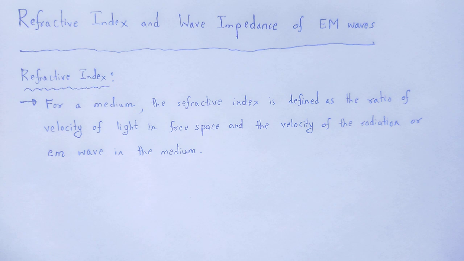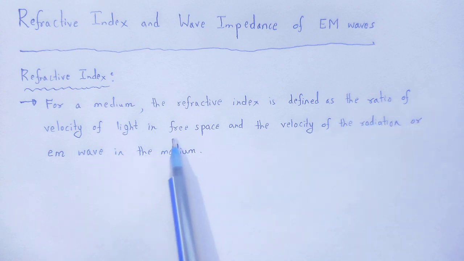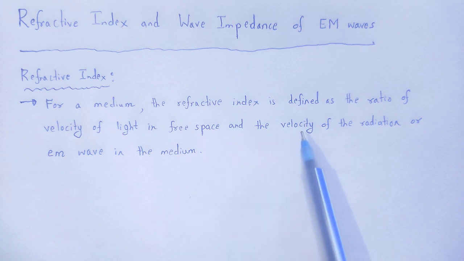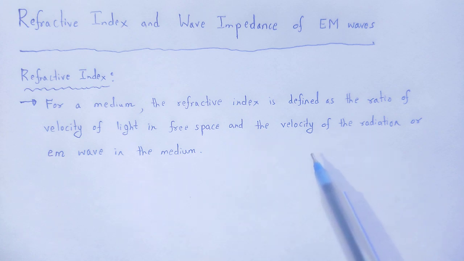Definition of refractive index. For a medium, the refractive index is defined as the ratio of velocity of light in free space and the velocity of the radiation, or we can say electromagnetic waves, in that particular medium.